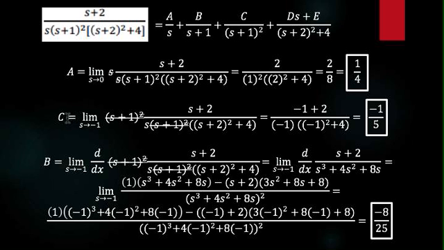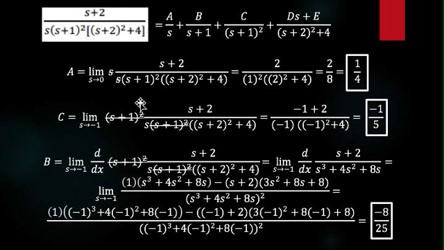The same with the constant c, which is equal to the limit when s tends to minus 1. So these terms are cancelled, and if we substitute, we obtain minus 1 over 5.